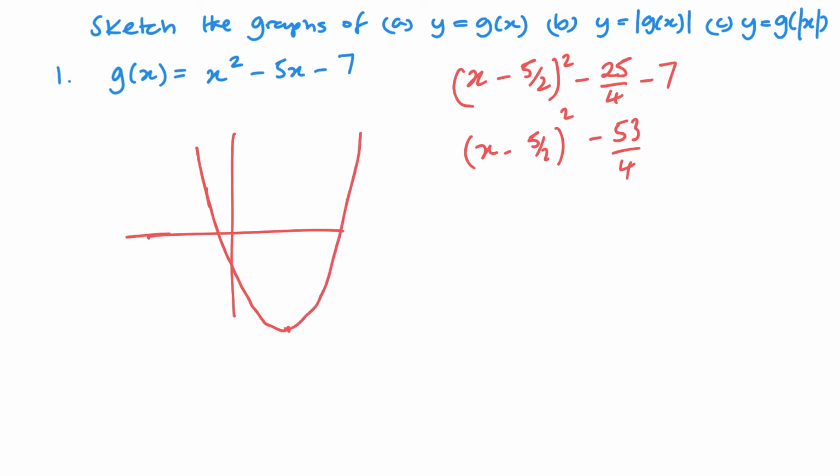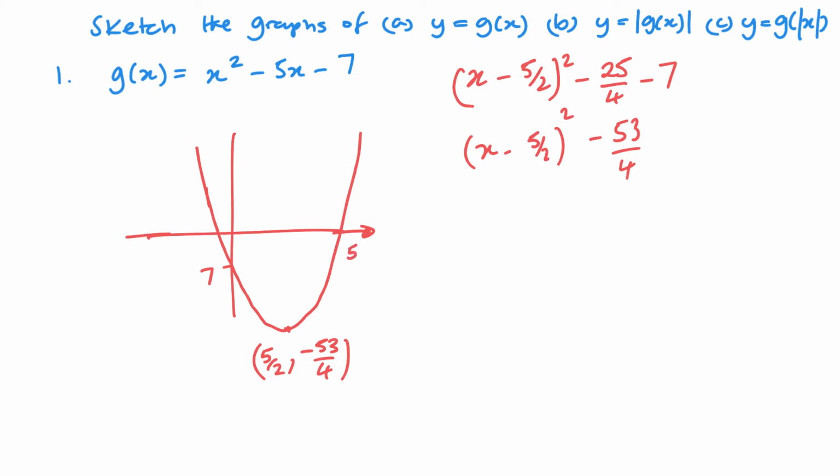Well, this is the coordinates 5 over 2, minus 53 over 4. Let's cross in there at 7.